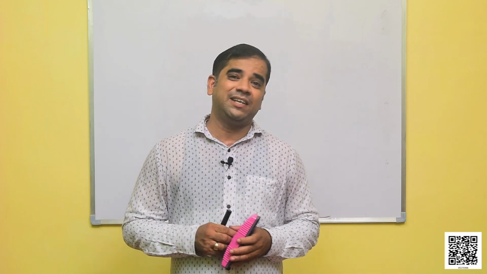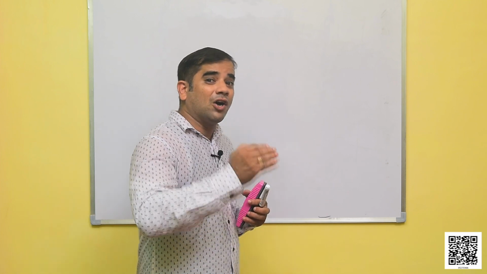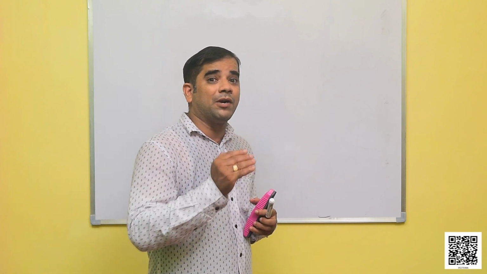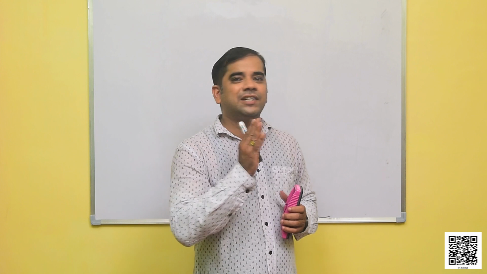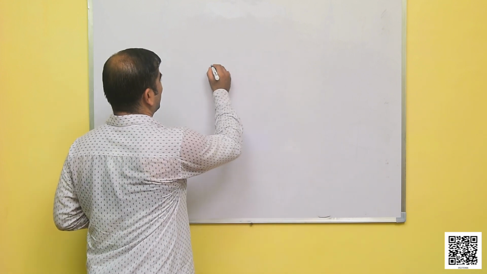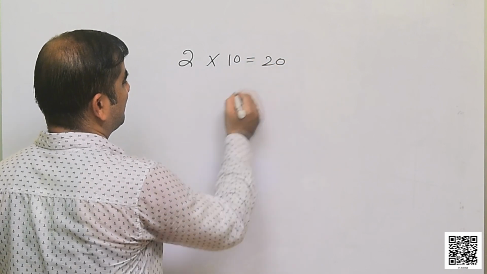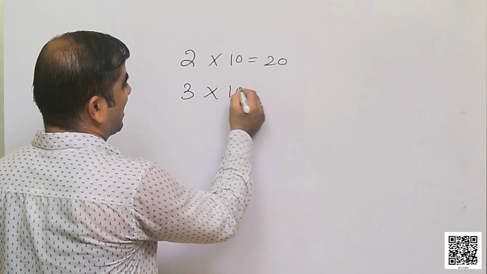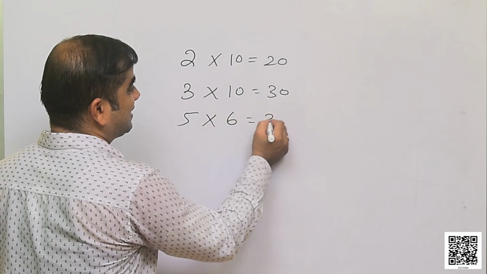So, what should be the shortest path acquired by the tiling? It should be the least common multiple of 2, 3, 5. So, which number lies first in all the three tables? Let us check. 2 tens are 20, 3 tens are 30, 5 sixes are 30.